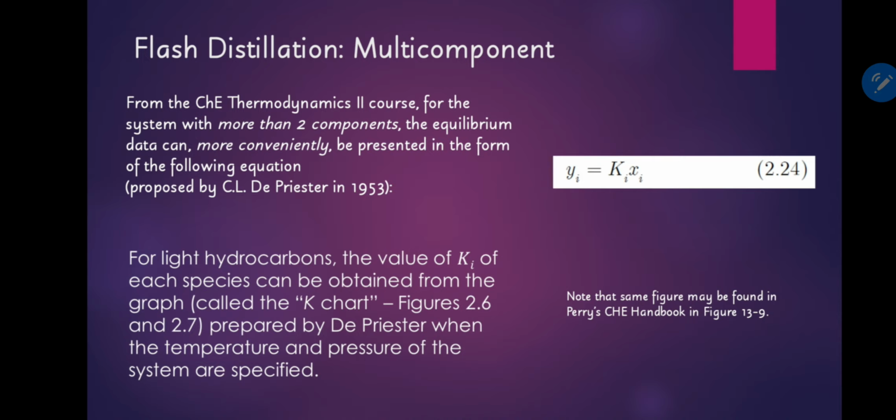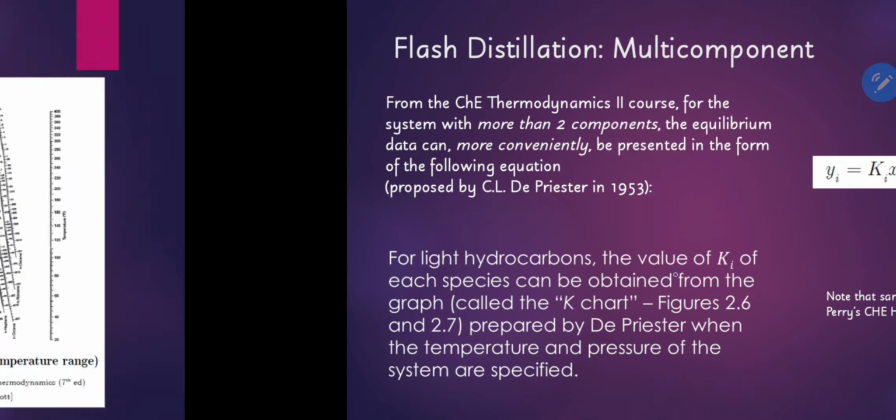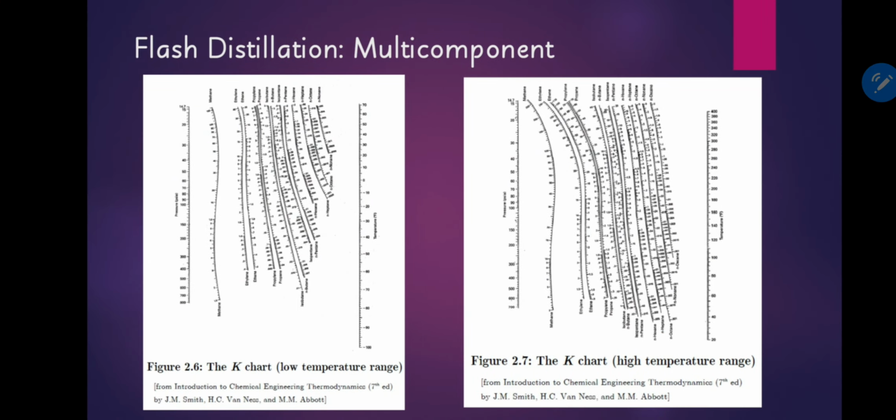For light hydrocarbons, the value of Ki of each species can be obtained from the graph, which is available in McCabe-Thiele, in Van Ness, and in our handbook. In our handbook, we make use of figure 13-9 to look for the K charts. For example, figure 2.6 is the K chart for the low temperature range, and 2.7 is the K chart for the high temperature range.